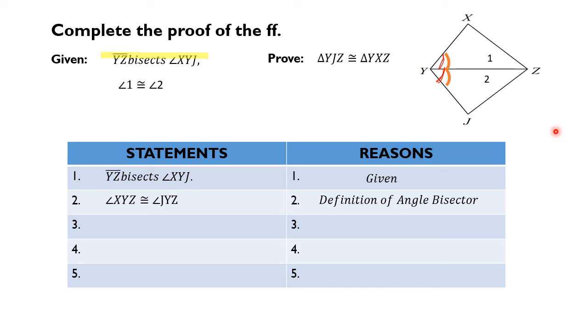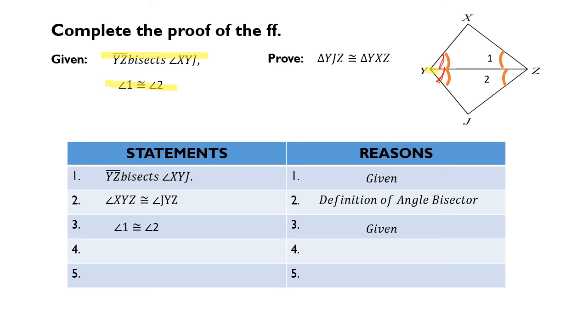Sige. After using the first given, let's make use of the second given. Write it here, and your reason must be given, of course. Don't forget to mark. Since the two parts are already given and the two parts are actually angles, we have to look into the third part and identify if we will be using a reflexive property or simply VAT, vertical angles theorem.